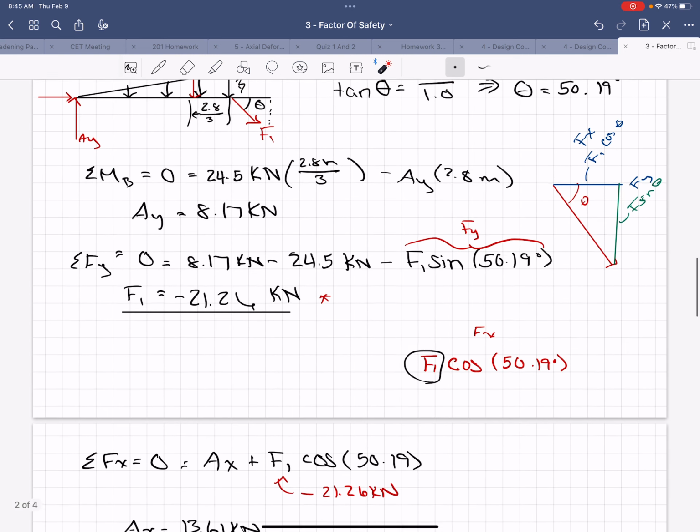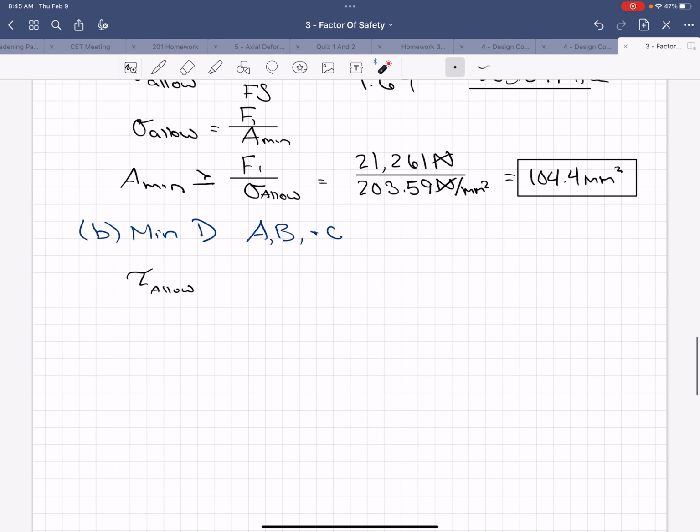Okay, here we go. So allowable stress equals ultimate shear stress over the factor of safety.